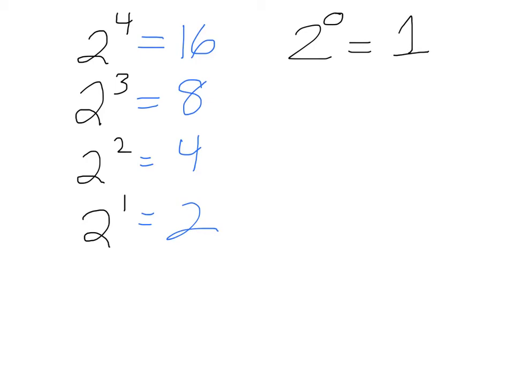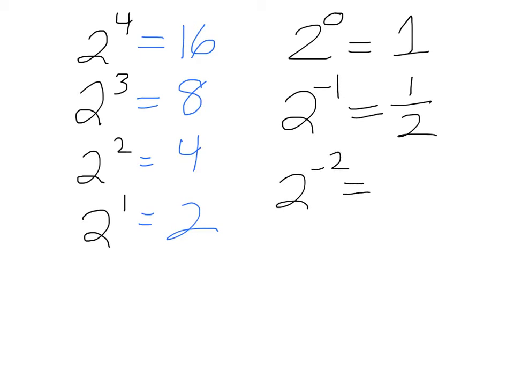Now, if I gave you 2 to the negative 1st, what would you think that is? That is a half. What about 2 to the negative 2nd? A fourth. I'm so confused. And how about 2 to the negative 3rd? An 8th. We're not going to go to the 16th for a second, but just hold on.